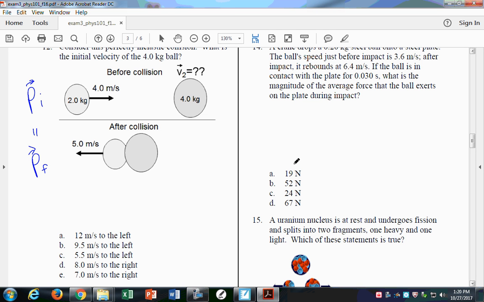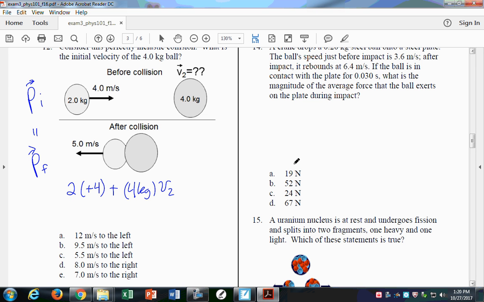So I start with the first one. I have mass times velocity, that's 2 times plus 4, positive 4 because it's to the right, plus 4 kilograms times V2. I don't know the direction of that, although you can probably guess what the direction is. Is it going to be positive or negative, you think? Left or right? It's going to be to the left.